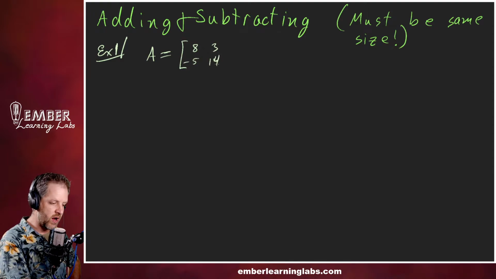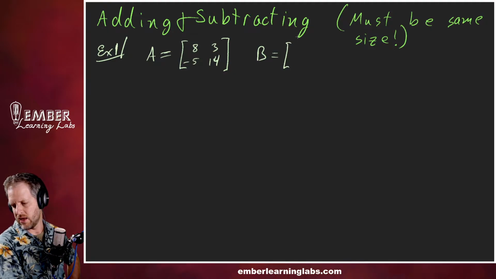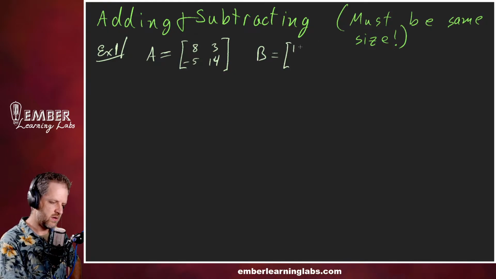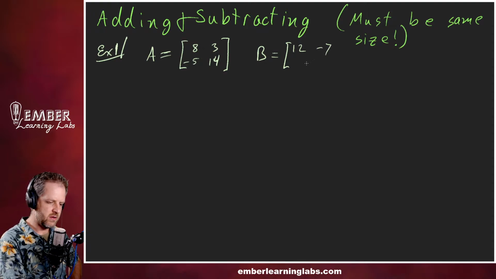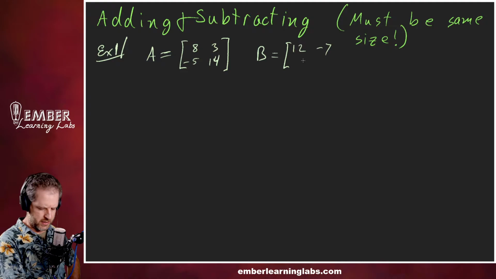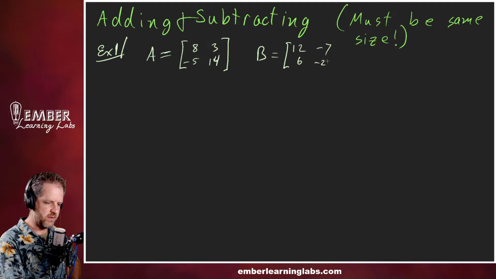So this is a square 2 by 2 matrix. For our B, we're going to make it 12, -7, 6, -23.